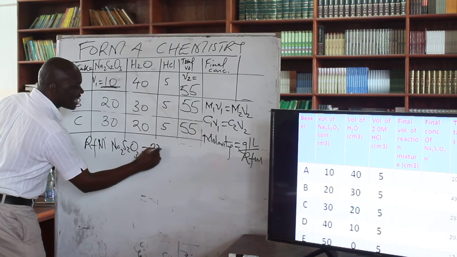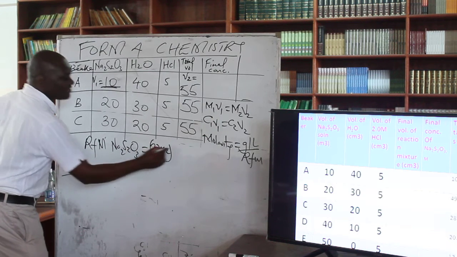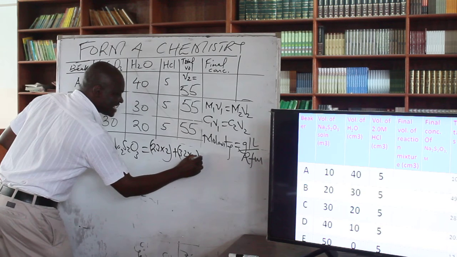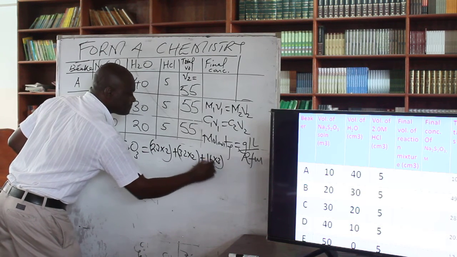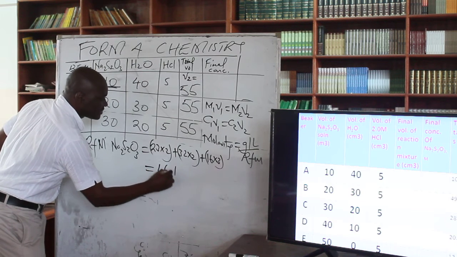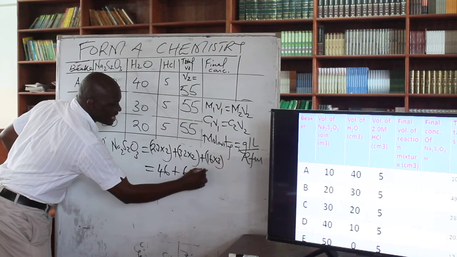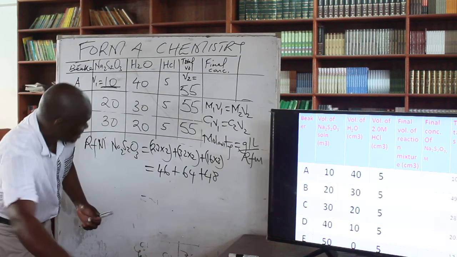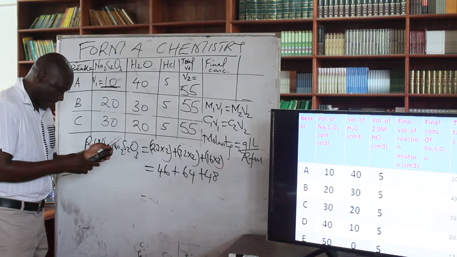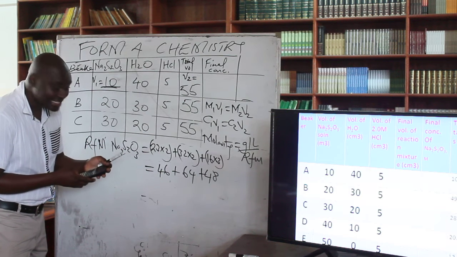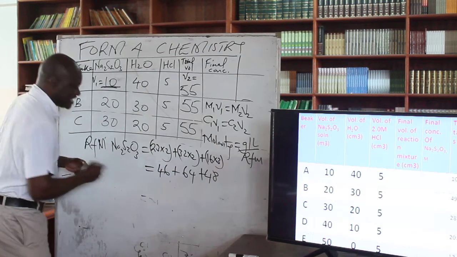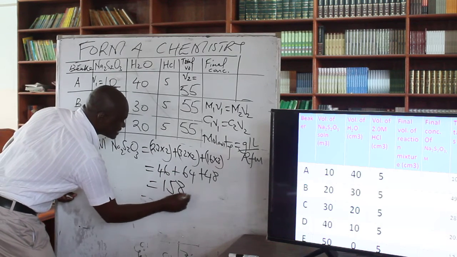Sodium is 23 times 2, sulfur is 32 times 2, oxygen is 16 times 3. So this is 46 plus 64 plus 48, which gives us 158.